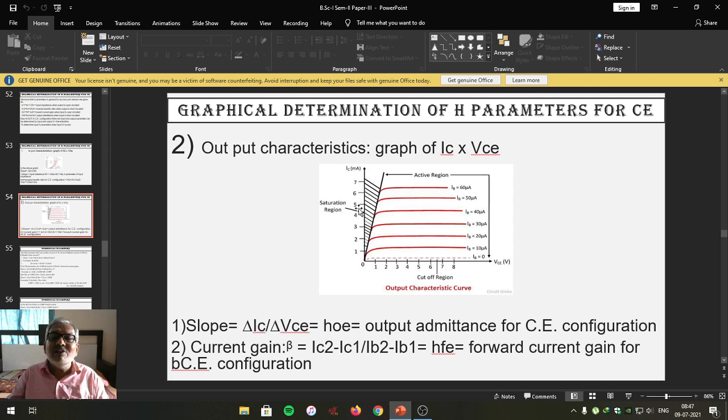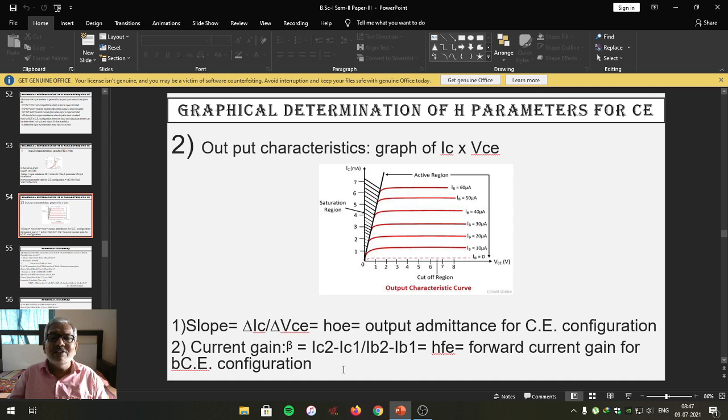By knowing these values from the output characteristic curve, we can determine the current gain beta, which is the change in collector current, that is IC2 minus IC1, upon change in base current, that is IB2 minus IB1. IC2, IC1 and IB2, IB1, we are going to select from any two curves which you have selected from the graph.